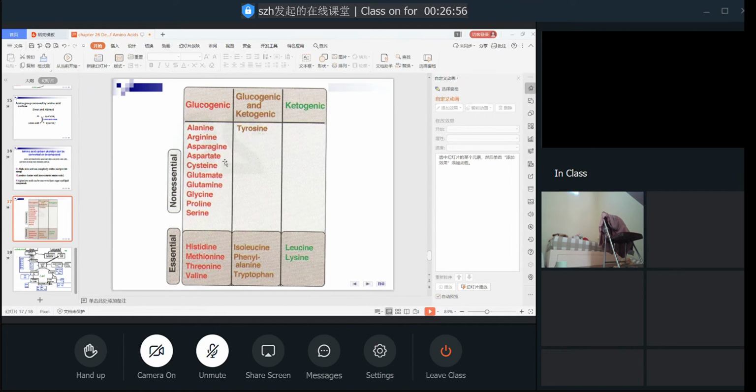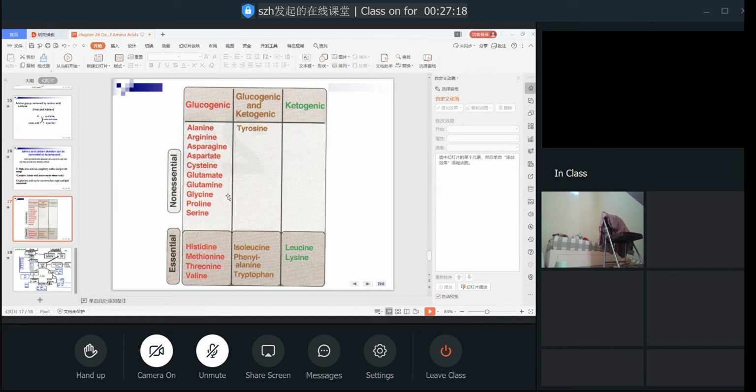All kinds of amino acids are divided into essential amino acids and non-essential amino acids. Essential amino acids, our body can't synthesize by ourselves. They only come from the food.